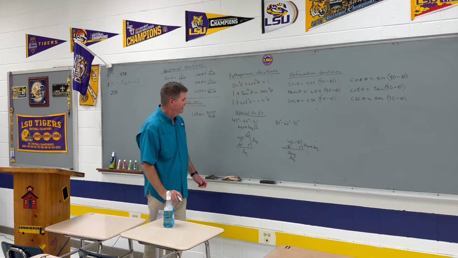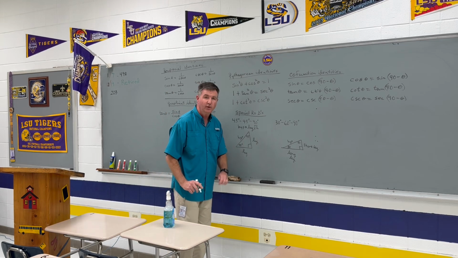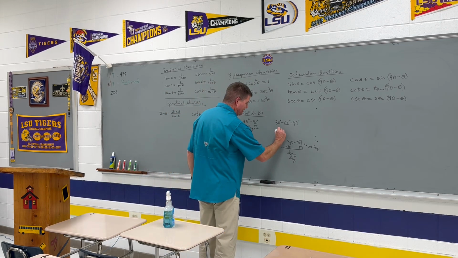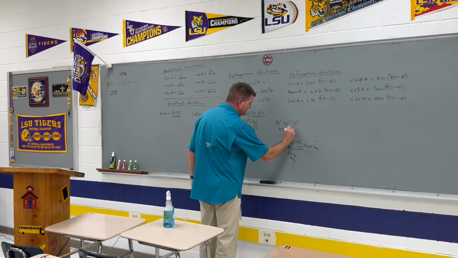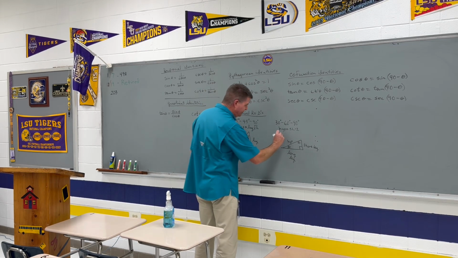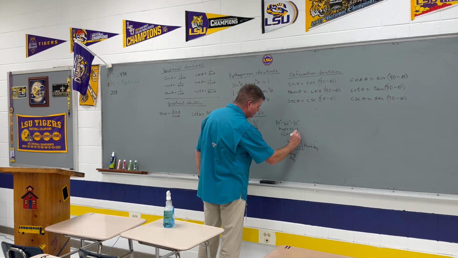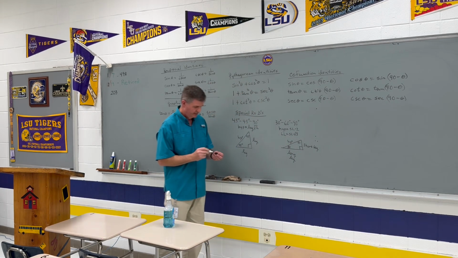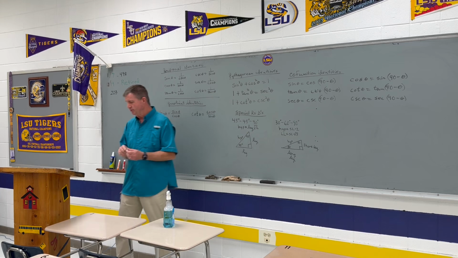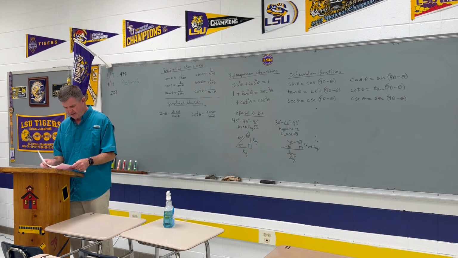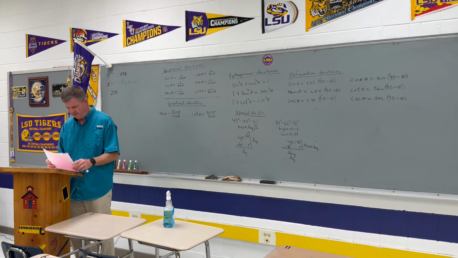So for this one, we actually have two formulas instead of one. The hypotenuse is equal to the short leg times 2, and the long leg is equal to the short leg times the square root of 3. And we're going to use that to solve some of the missing parts of triangles.